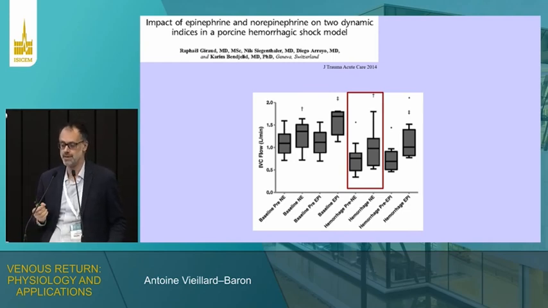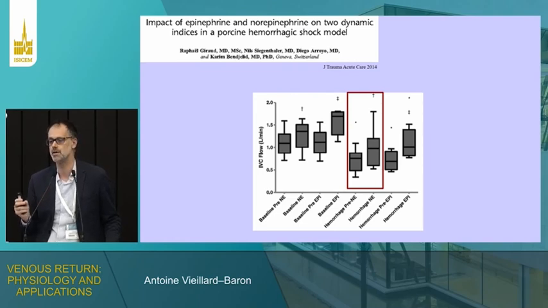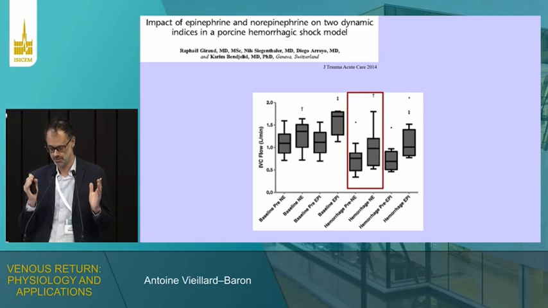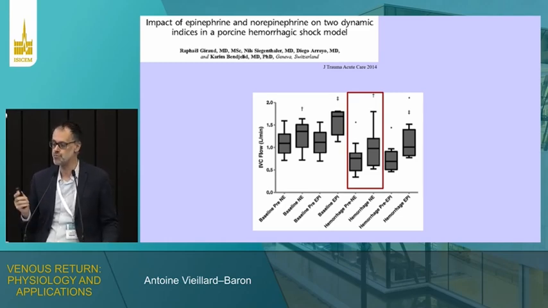Look here, in animals still, just to show the effect of decreasing the vascular motor tone of the circulation, so improving the systemic venous return. Here, this is in pig. This is a hemorrhagic shock model.